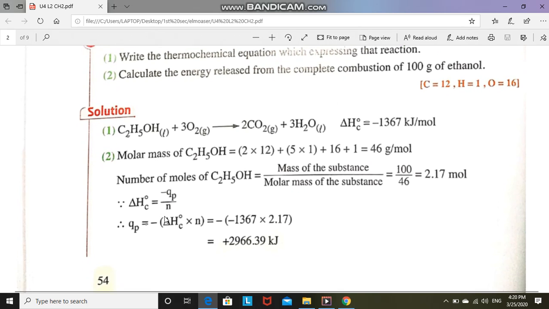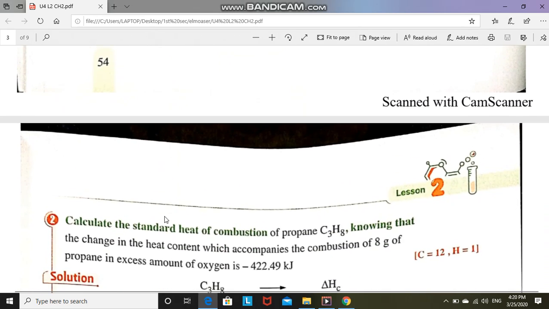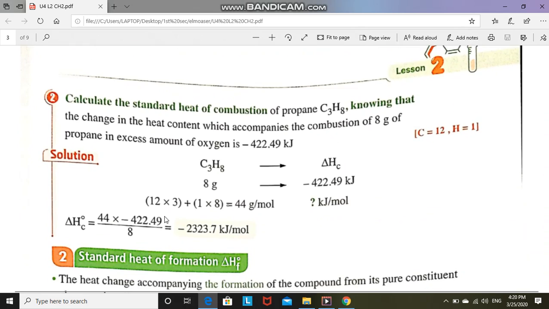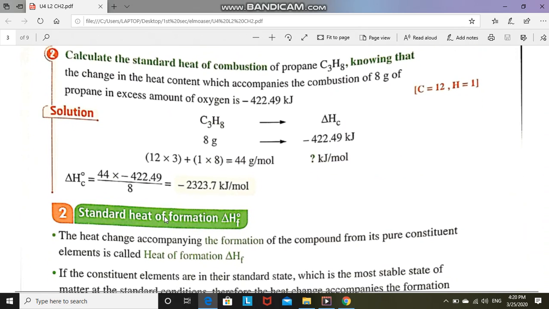Okay, we have another problem here. We wanted to calculate the standard heat of combustion for propane. Okay, we have heat content for combustion of 8 gram of propane. Okay, if we have different masses for any substance, we called it just combustion.